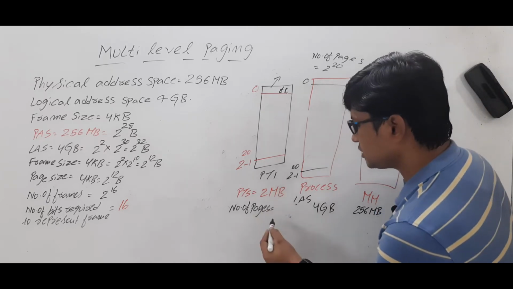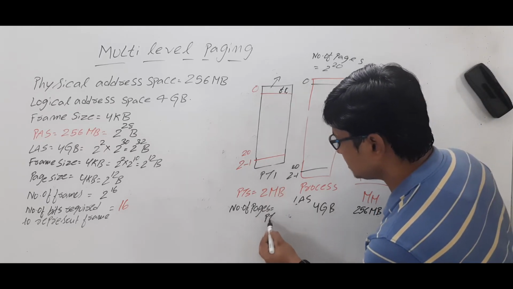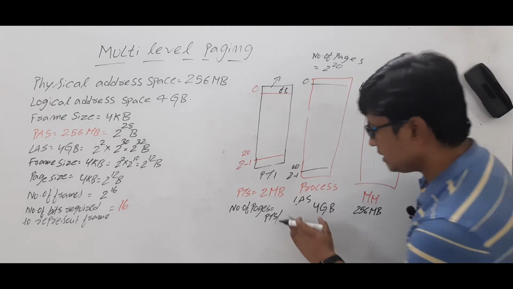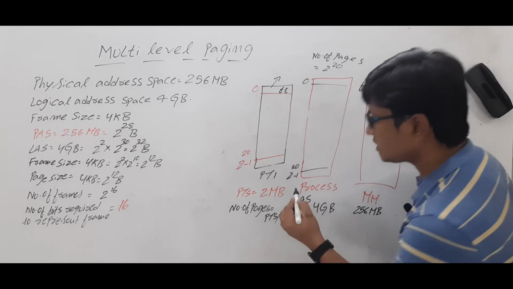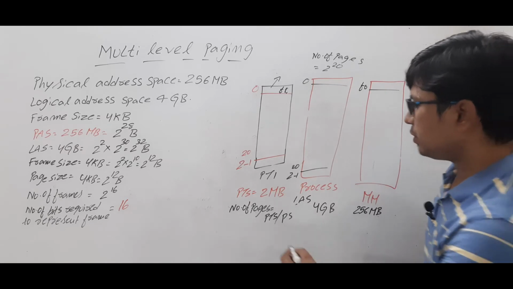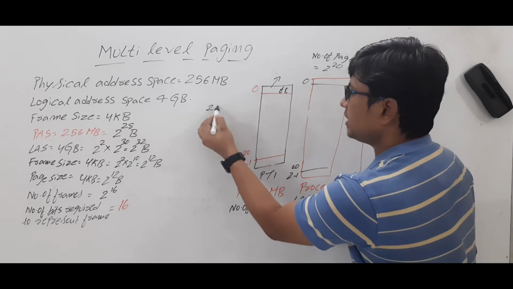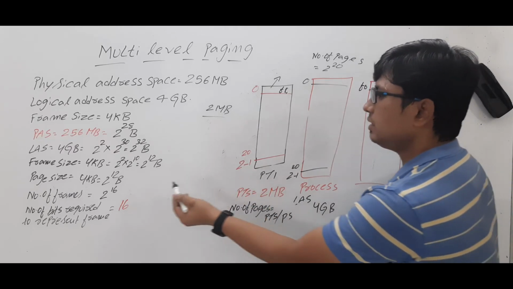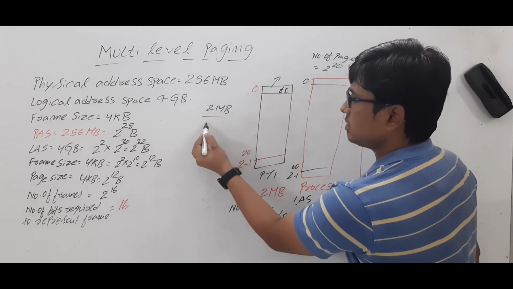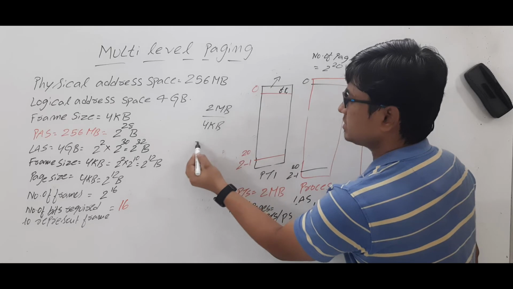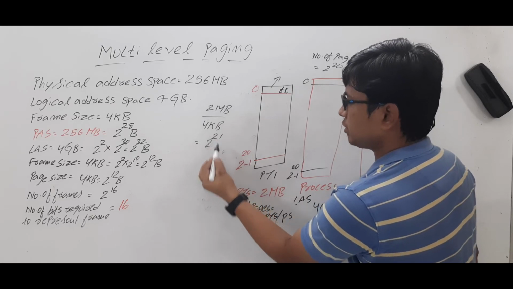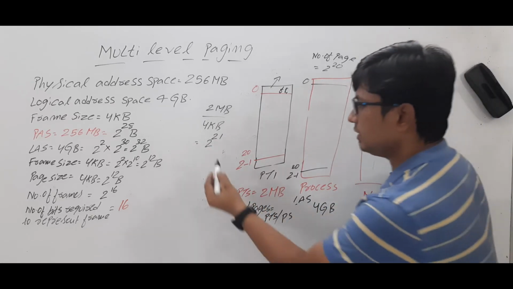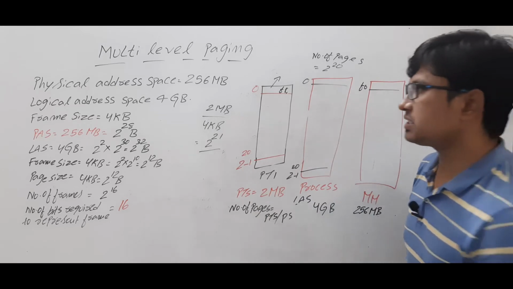The page table size divided by the page size. What is the page table size? 2 MB. Means page table size is 2 MB and page size is 4 KB, which is nothing but 2 power 21 by, are you able to understand?